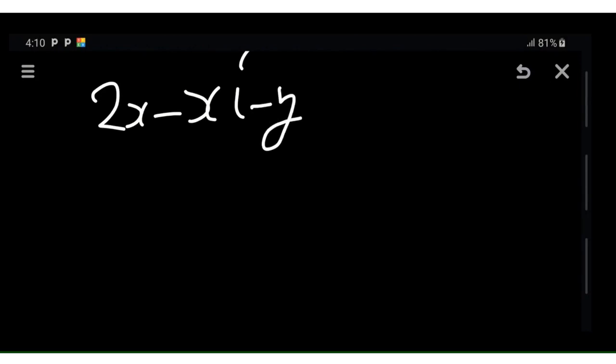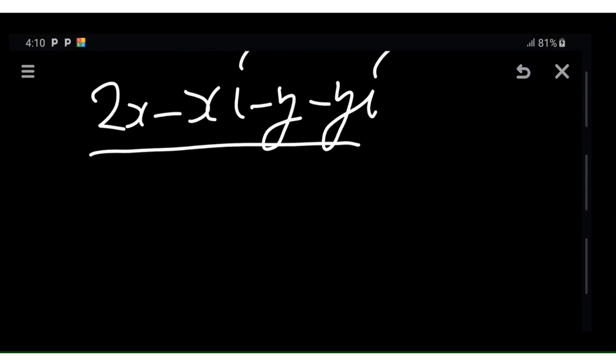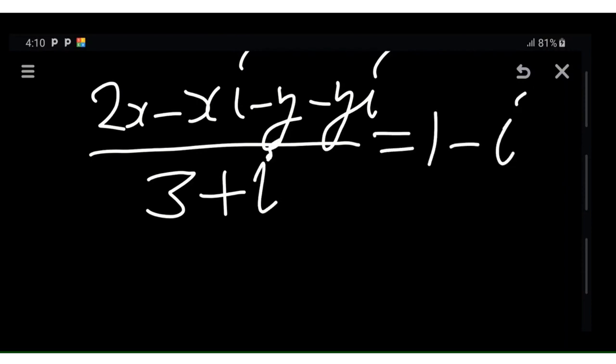So I am having i minus 1 minus i. So I'm getting the equation we have left there somewhere. So it was 2x minus xi minus y minus yi over 3 plus i is equal to 1 minus i.